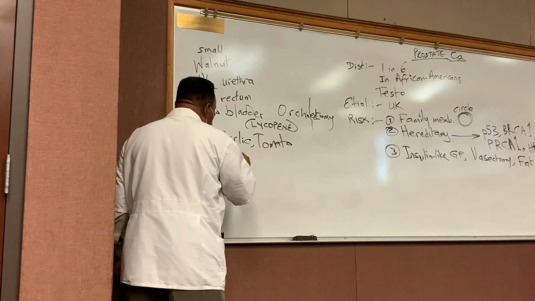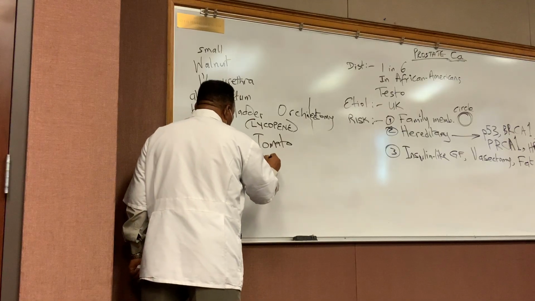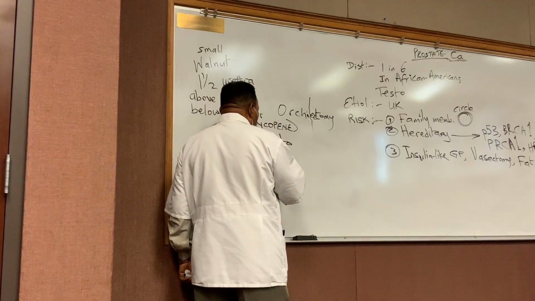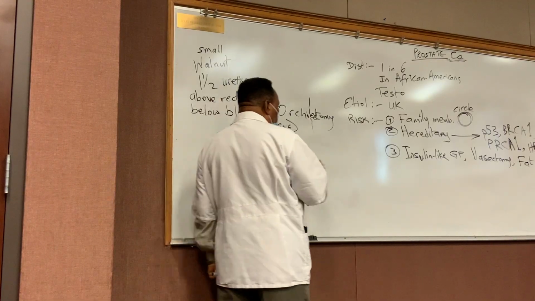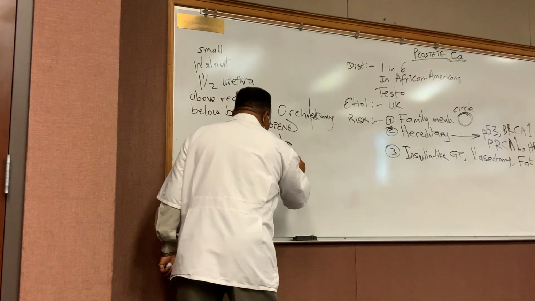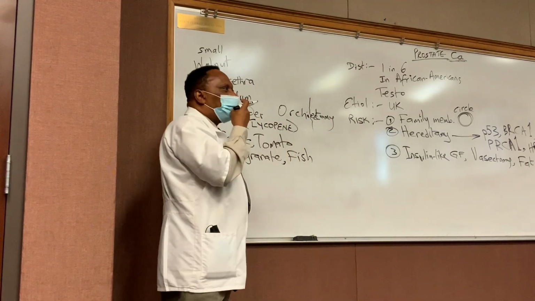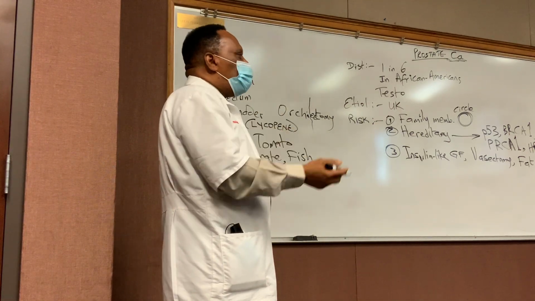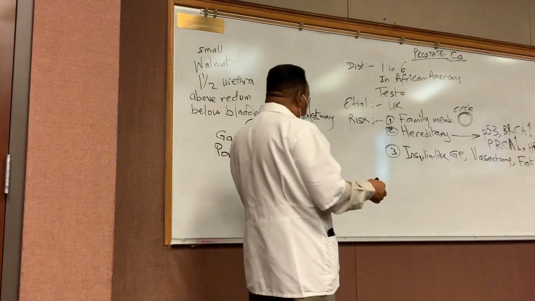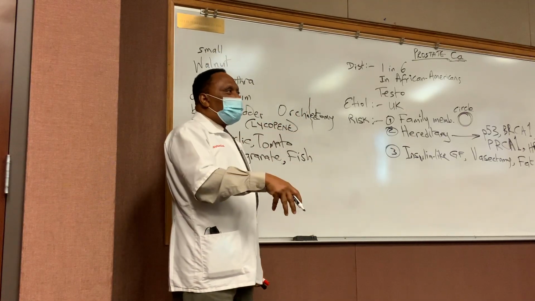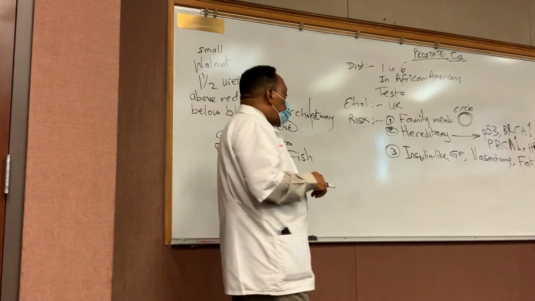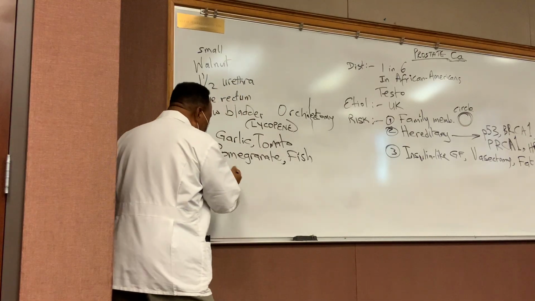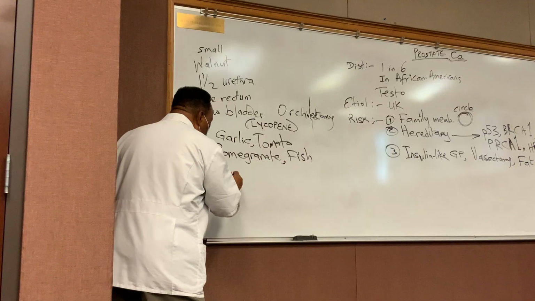Things like pomegranate can also help to reduce the chances of breast cancer. Some kinds of fish, trout will decrease the chances of getting prostate cancer. Sardines would also decrease the chances of getting breast cancer.